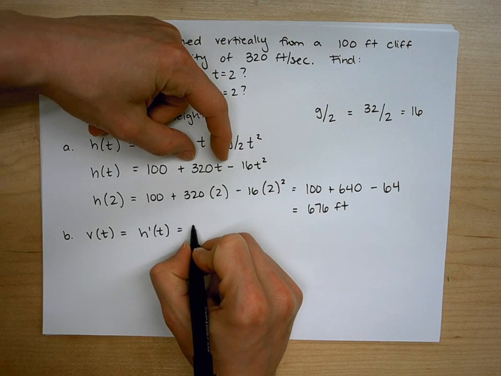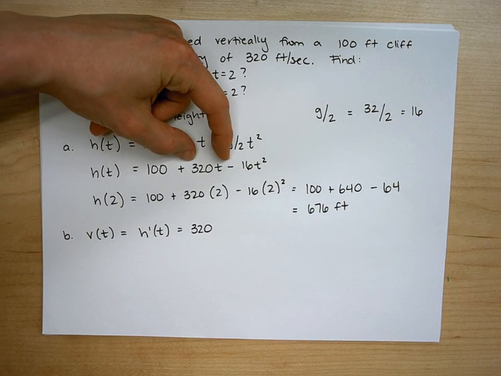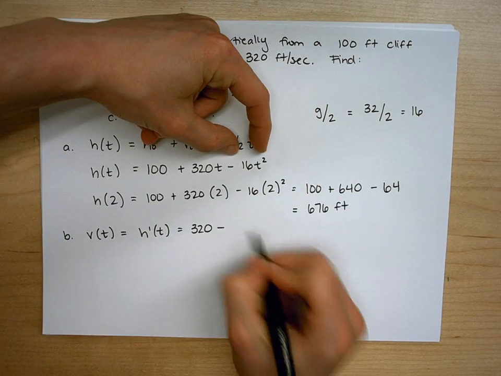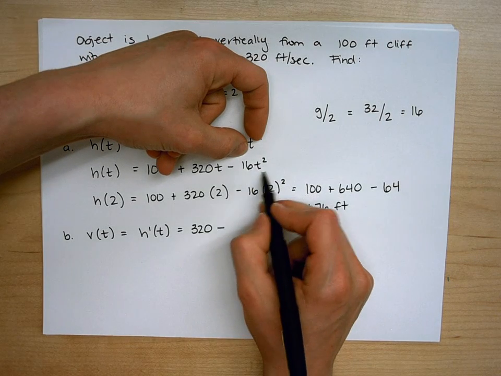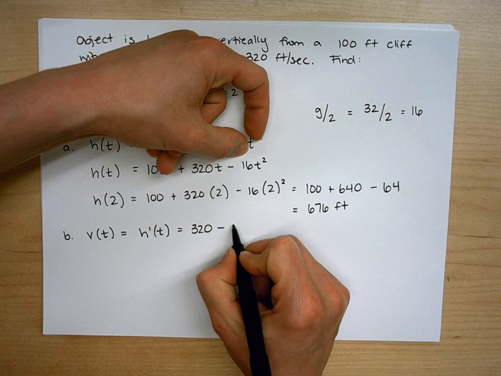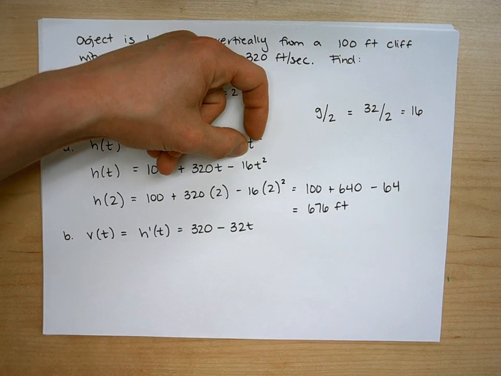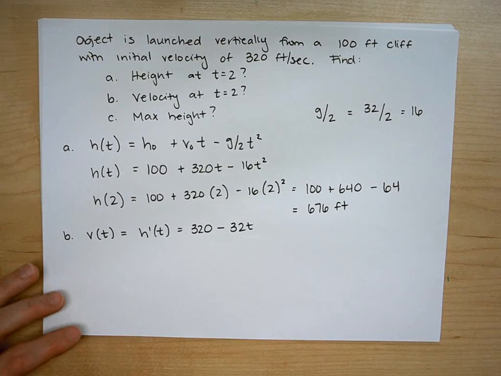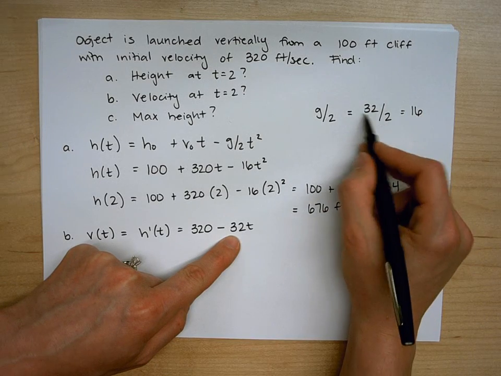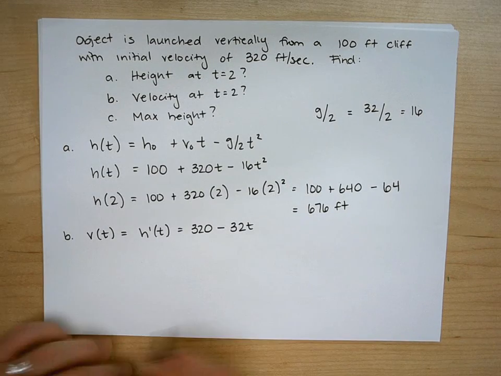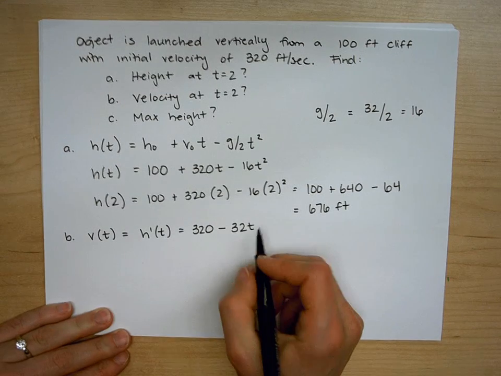Derivative of 320t would be 320, minus 16 times the derivative of t squared, which would be 2t. So that'd be 32t then, the 16 times 2. Again, that's our gravity coefficient, 32 feet per second per second. Okay, so that's our velocity.